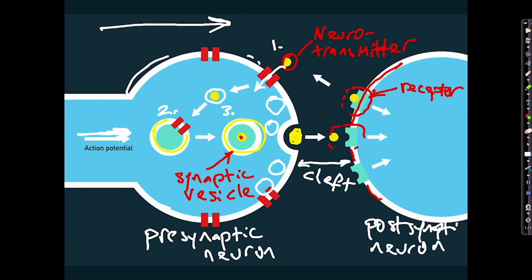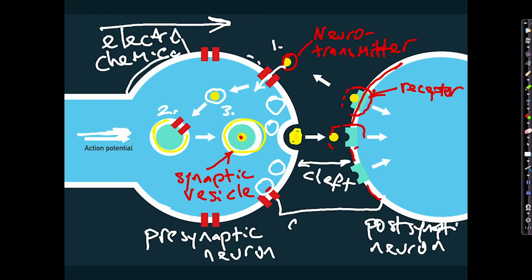So if we look at this more globally, let's maybe draw this. This is electrochemical, i.e. the action potential. Then this is all chemical. So it's just the release and diffusion of neurotransmitter.